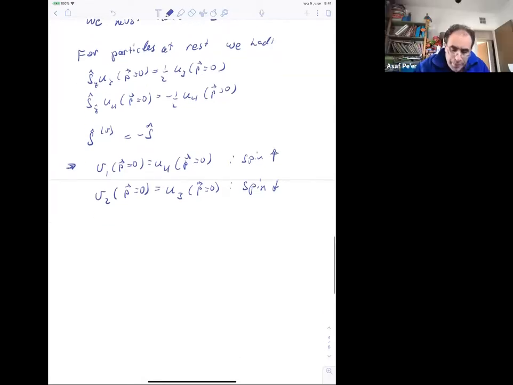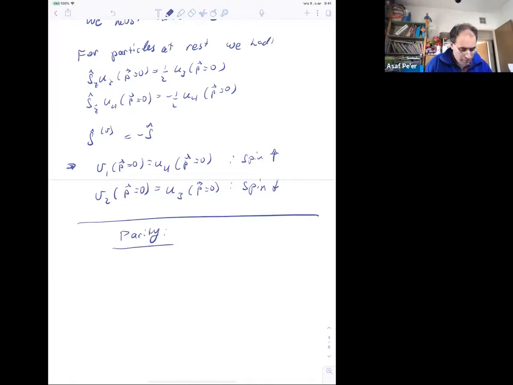All right. More questions about that? No. Okay, now I want to talk about the parity operator. So we have certain discrete symmetries.